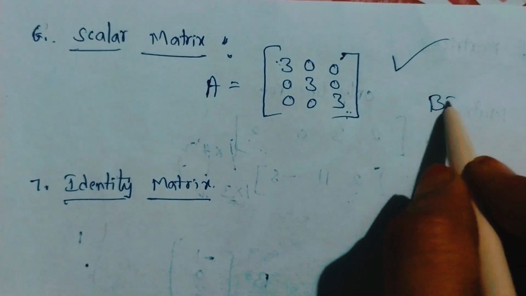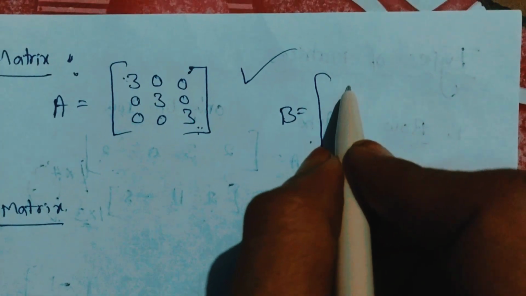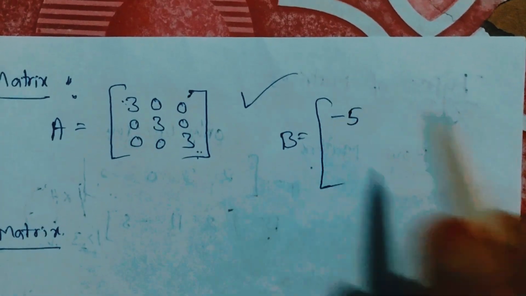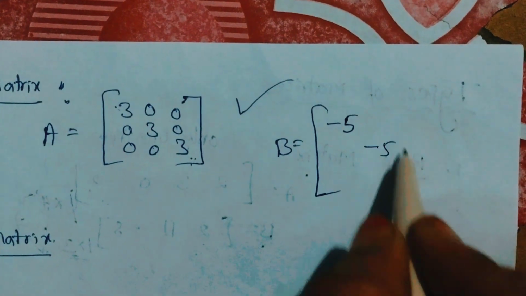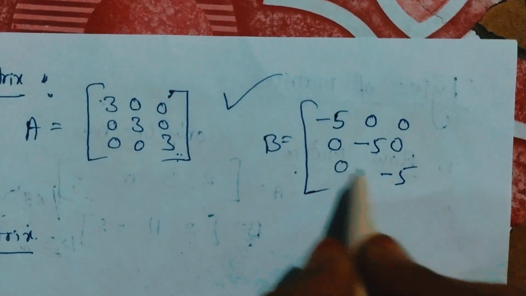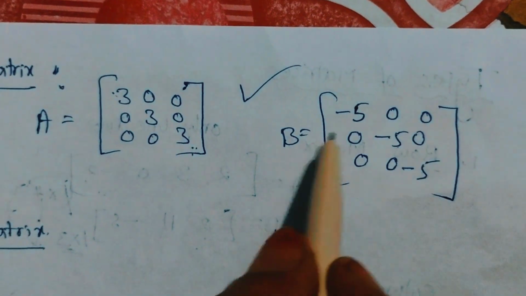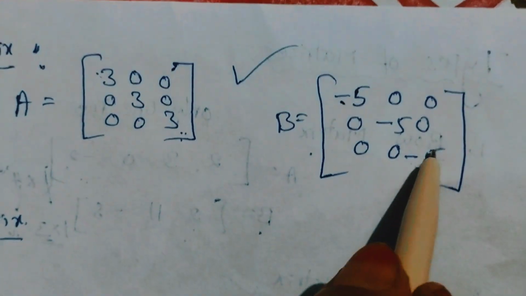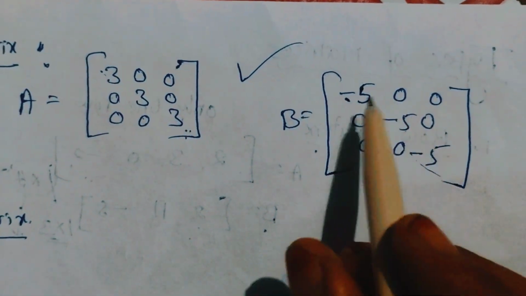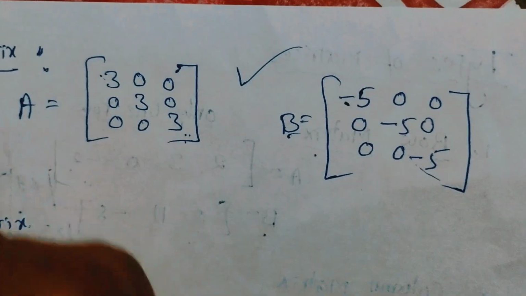Take another example. The matrix B with minus 5, minus 5, minus 5 on the diagonal. The remaining non-diagonal elements are zeros. Only the diagonal elements are the same, and other elements are zeros. Then that is called a scalar matrix.